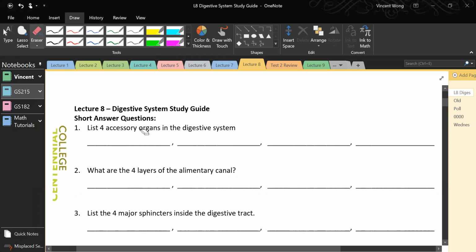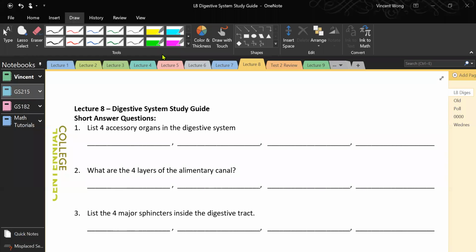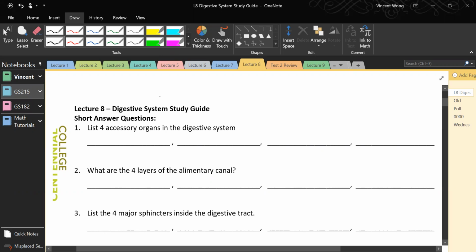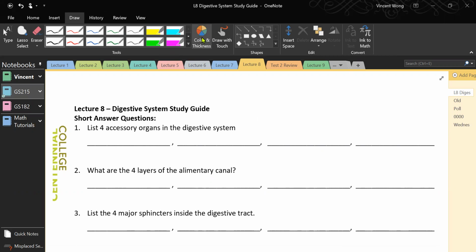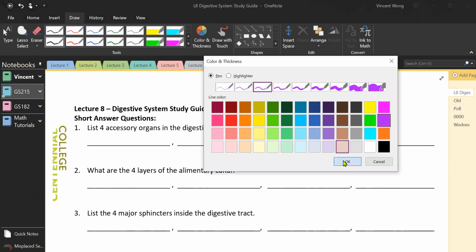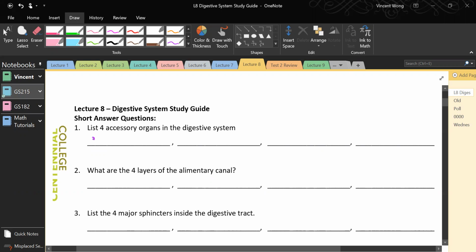So accessory organs are organs that will be secreting various enzymes and mixtures into your GI tract. The food themselves do not physically go into the accessory organs. And so the examples of accessory organs include things like salivary glands. Okay, so we have, of course, 3 pairs of salivary glands.